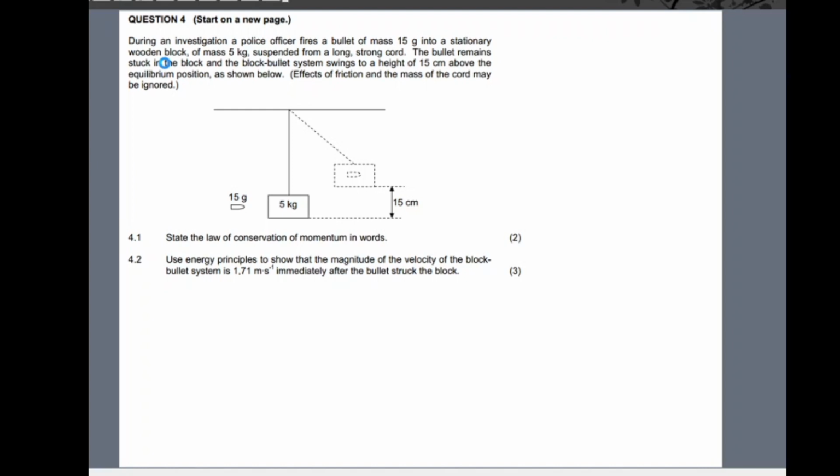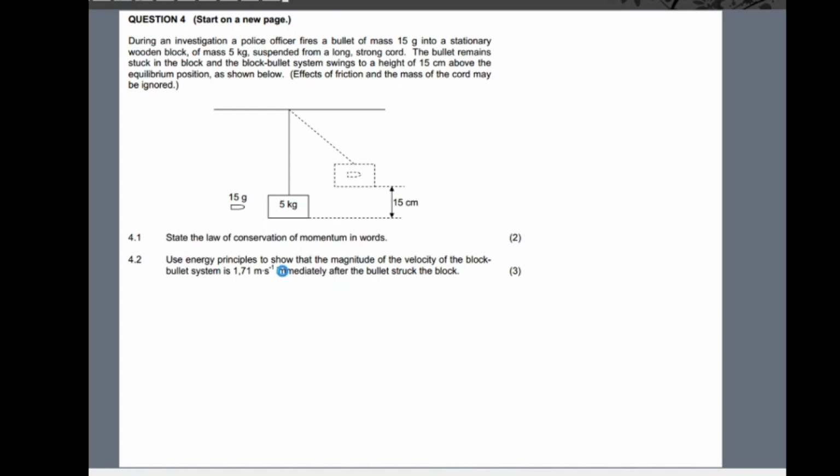Define the law of conservation of momentum, right? And then question 4.2, we use energy principles to show that the magnitude of the velocity of the block-bullet system is 1.71 meters per second.